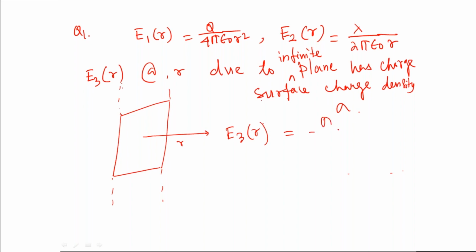Sigma is the charge density on this, and since they have told positive, I have taken positive. So this is the expression for E3. E3 is the electric field created by an infinite plane having uniform surface charge density sigma at r distance. It does not depend on distance.